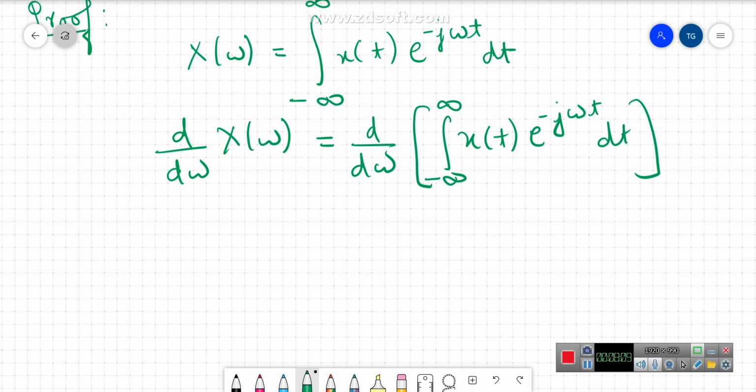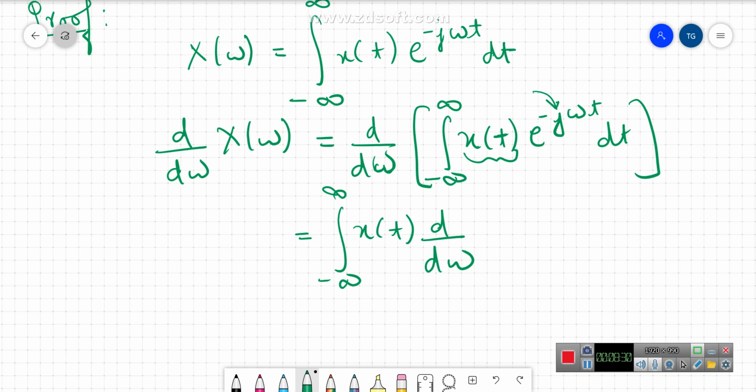So we can see here that x of t is completely a function with respect to t, so we don't have any omega terms in this function, so we will focus only on the exponential, and this can be written as integral from minus infinity to infinity of x of t, d by d omega of e to the power minus j omega t, into dt.